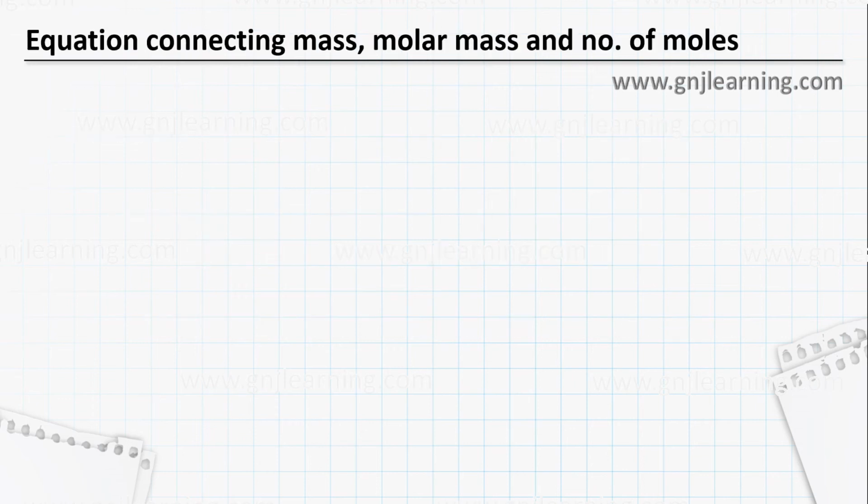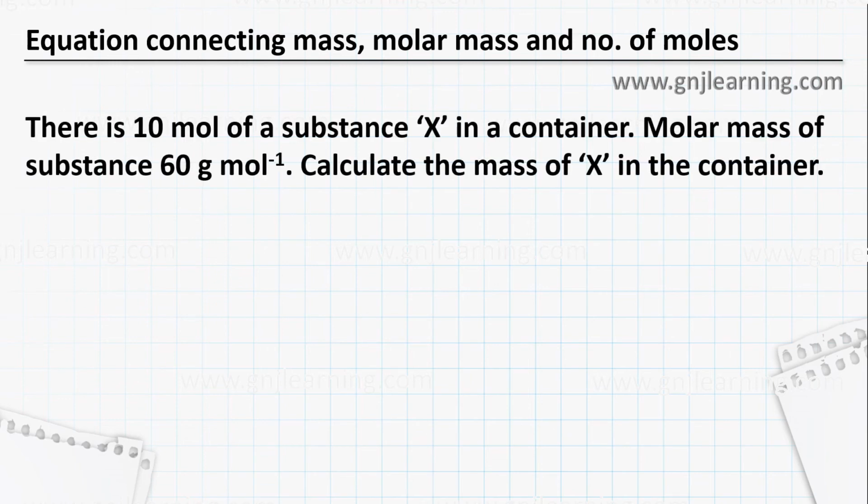Clear? Next, we are going to see the equation connecting mass, molar mass and number of moles. In order to get to this equation, we will look into a simple calculation. There are 10 moles of a substance. So 10 moles means 10 into 6.022 into 10 raised to 23 particles of a substance X. The molar mass of the substance is given as 60 gram per mole.